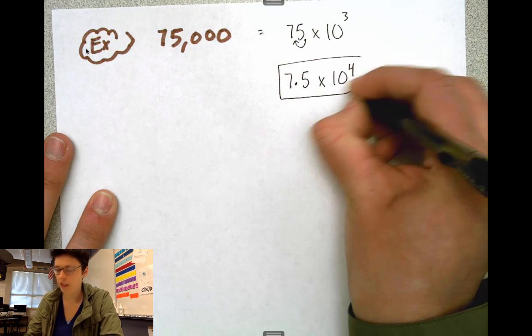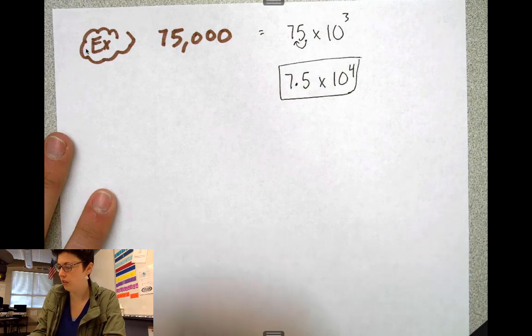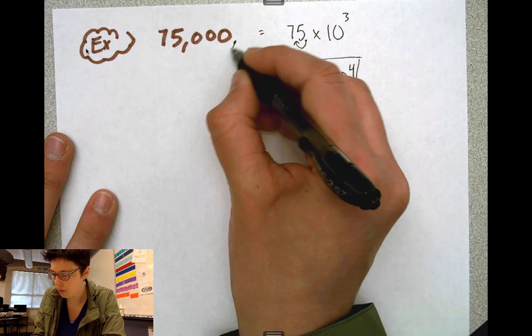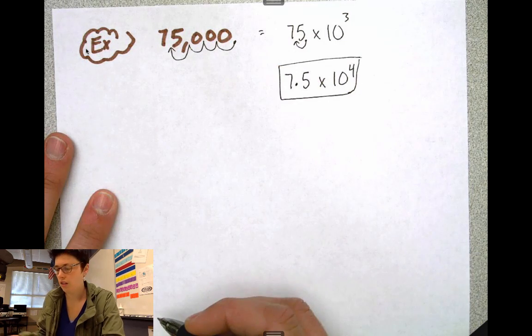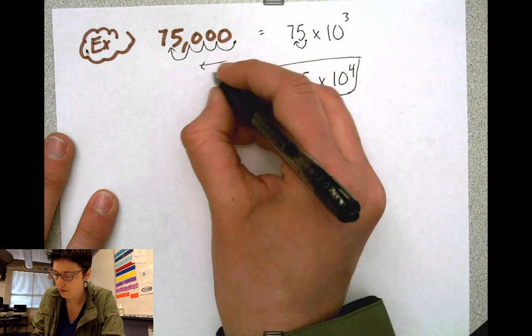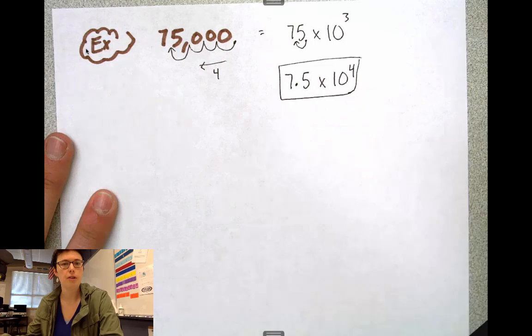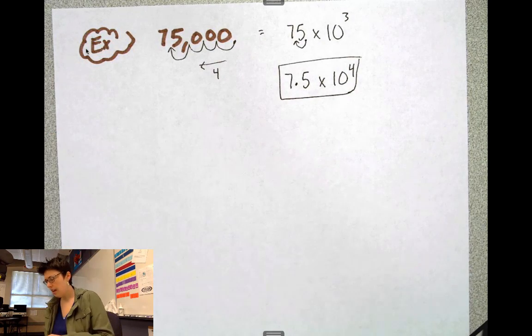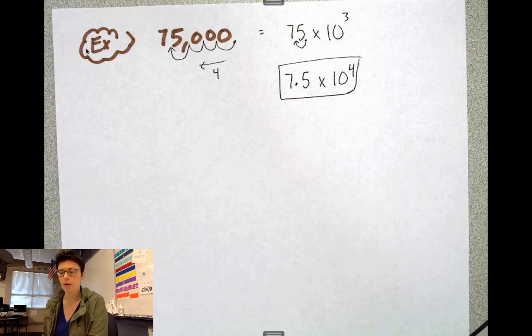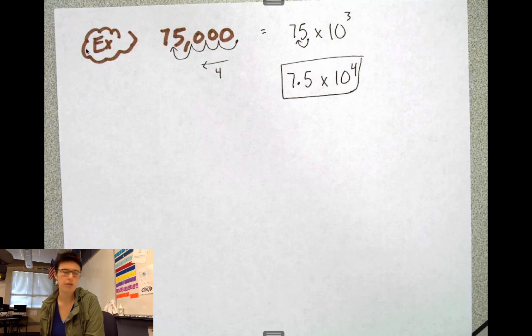And that is your final answer. Or you can look at it and say, the decimal is 1, 2, 3, 4 decimal places to the left. So I went 4 left. Okay, 10 to the 4th. There's another way of figuring it out. So that's how we change really big numbers into scientific notation.